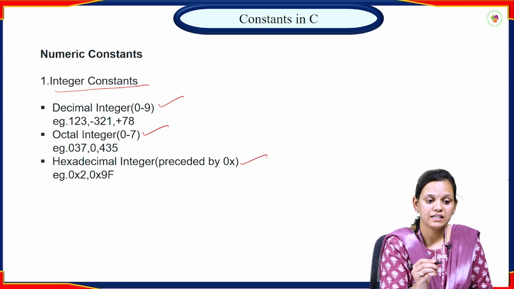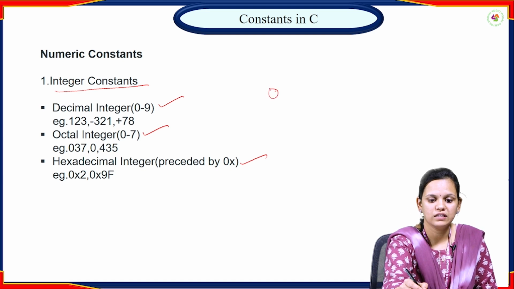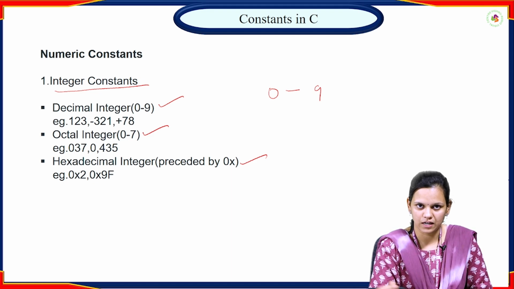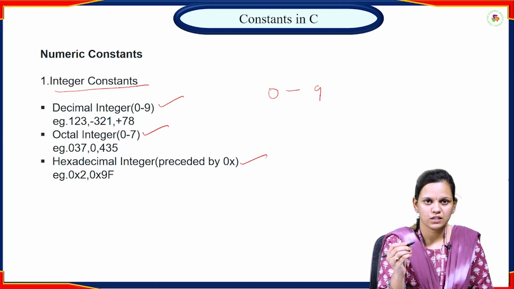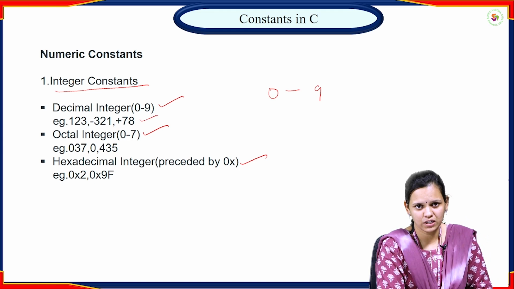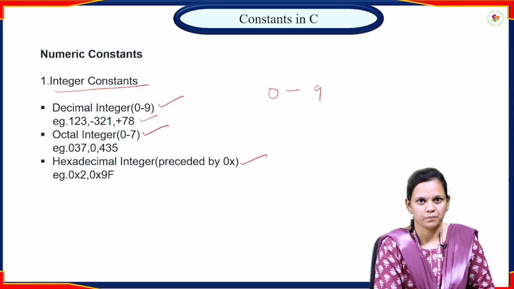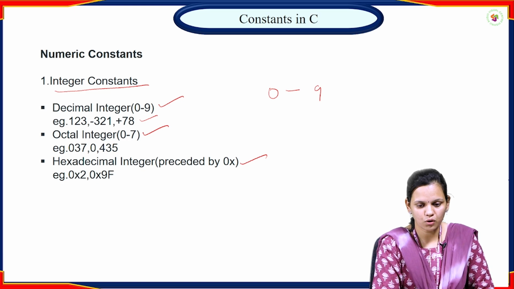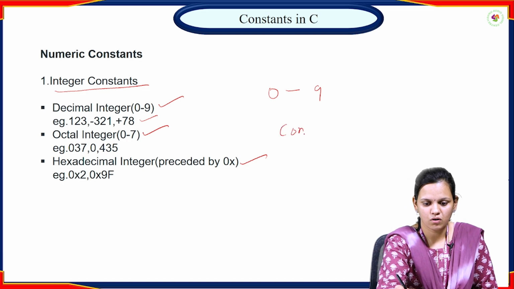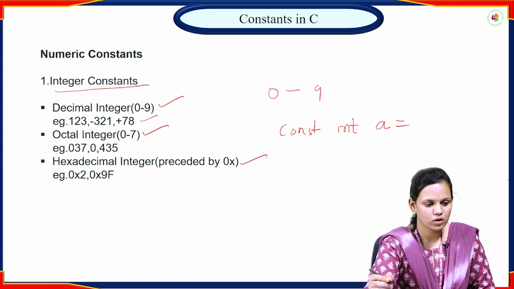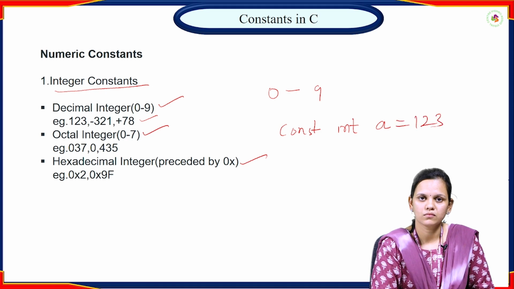A decimal integer constant consists of the digits 0 to 9: 0, 1, 2, 3, 4, 5, 6, 7, 8, 9. It will be a combination of the digits from 0 to 9. Examples are 123, minus 321, plus 78, where the sign is optional. If the number is positive, the plus symbol can be omitted. Suppose I write const int a equals 123.